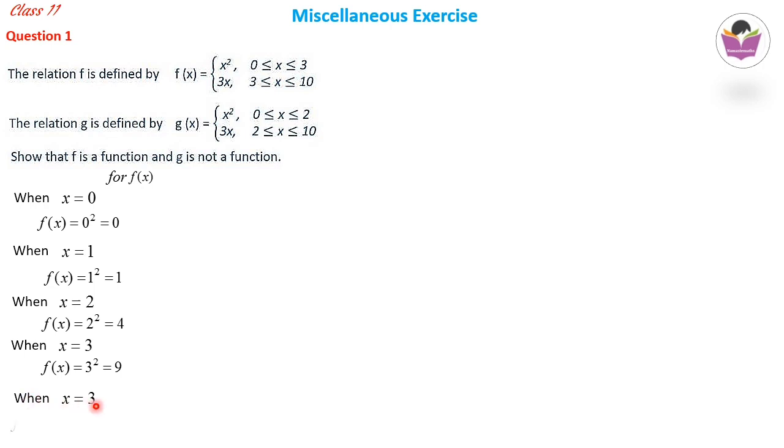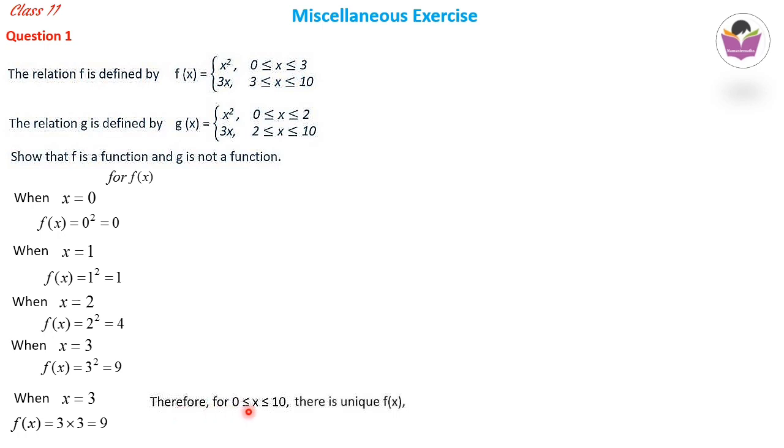So when x is equal to 3, f of x is equal to 3x, which is 3 into 3, and 3 into 3 is 9. So when x is equal to 3, with the first function I got the image 9, and with the second function I got the same image 9. Means the image is unique, not repeating. So it is not a problem.